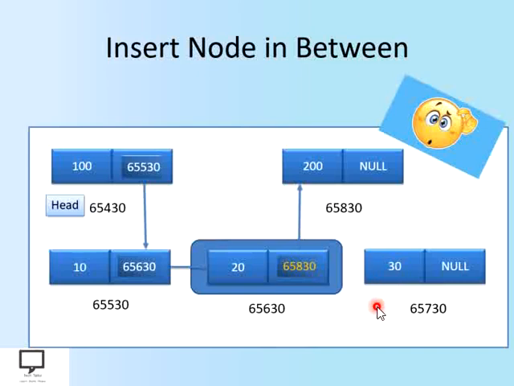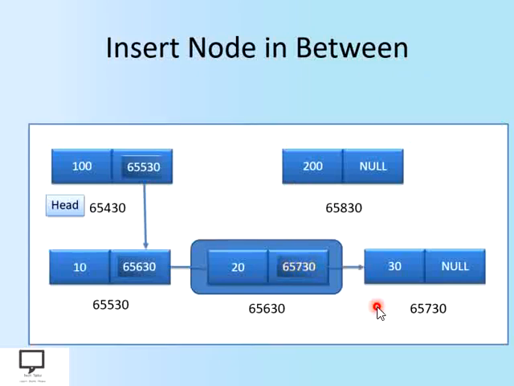So which one is the correct method? Let's move forward for the correct method. We are at the creation of the new node. We have created it, we have allotted its information part, and its next part is null. What care do we have to take?